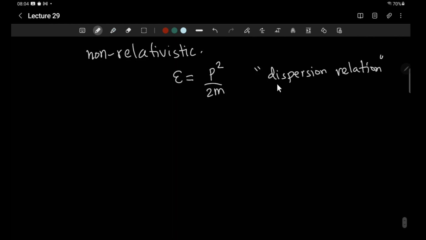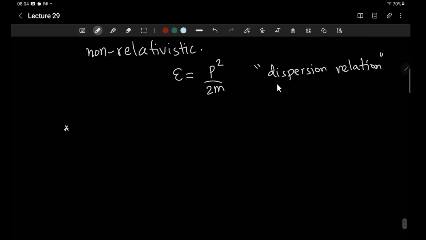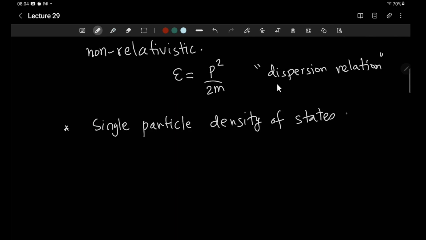Then we can just work out the single particle density of states in the semi-classical approximation. And that's very simple.